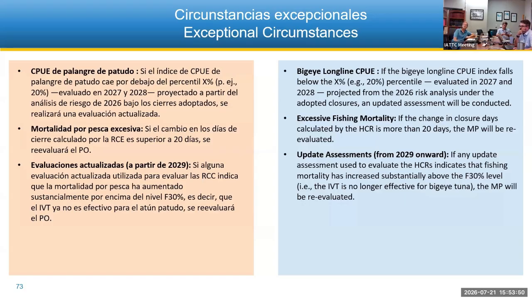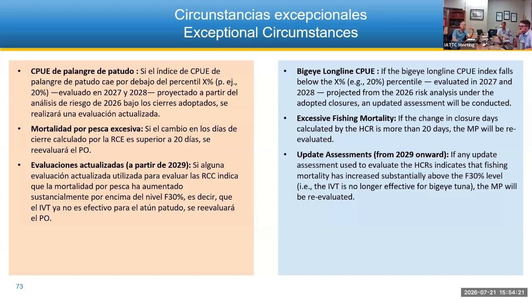Another one is on excessive fishing mortality. And so we have in the harvest control rule that there's a minimum change of 20 days unless we go below the 20% spawning biomass, where there's a minimum of 20 days increase in the closure.